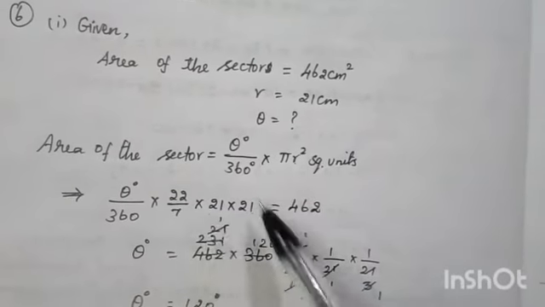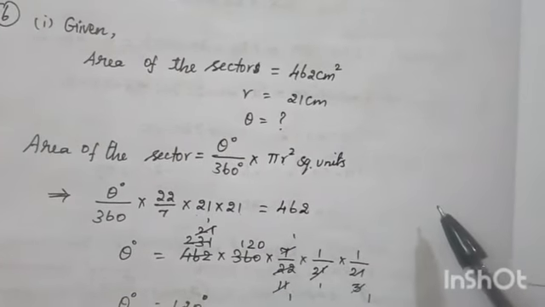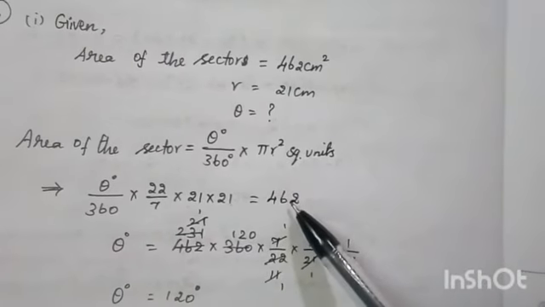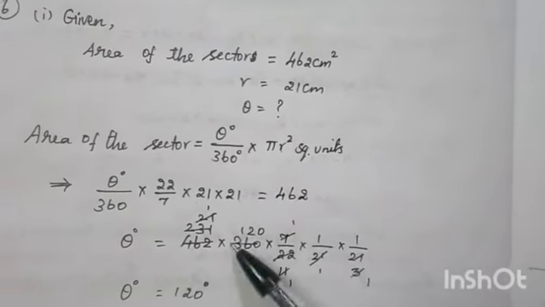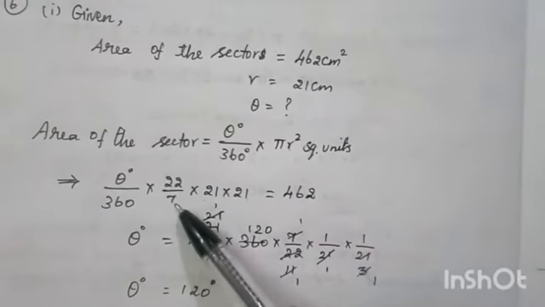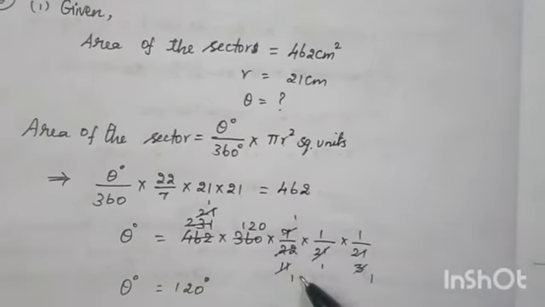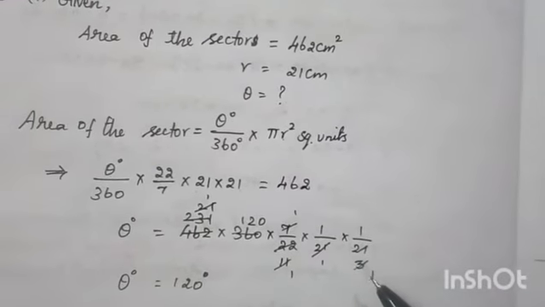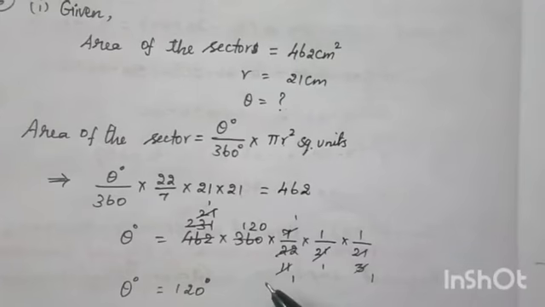So remaining all the values you have to transpose to the right hand side, then make cancel. In the left hand side we have 462 into, division becomes multiplication, 22 by 7 becomes 7 by 22, 21 becomes 1 by 21, and this also 1 by 21. Now you have to make cancel.